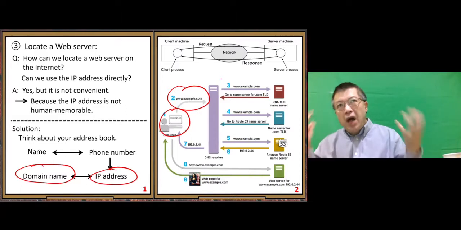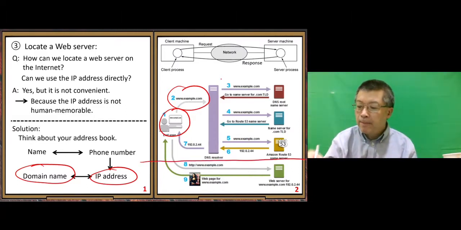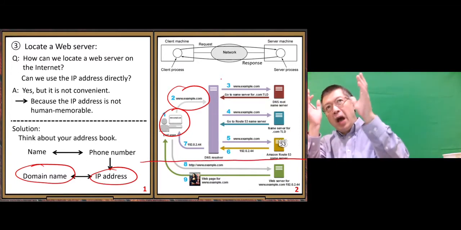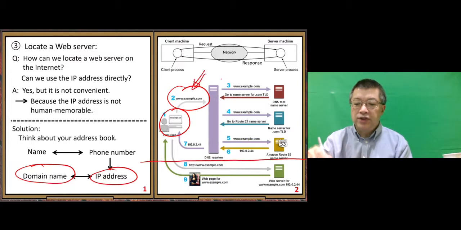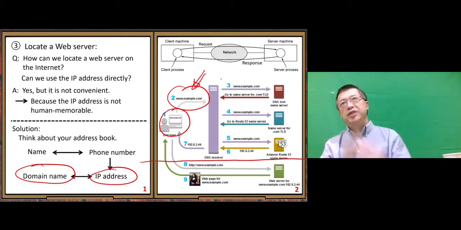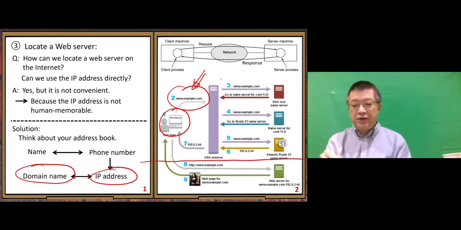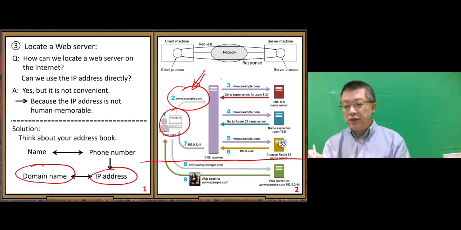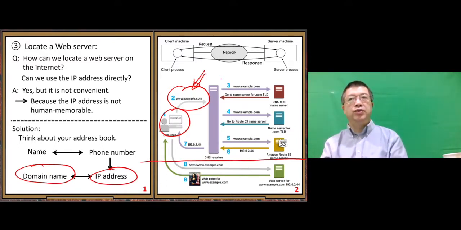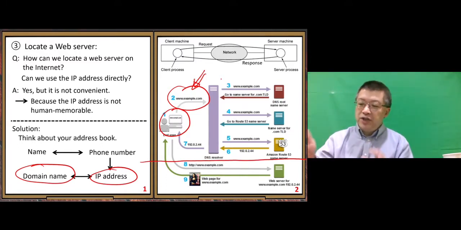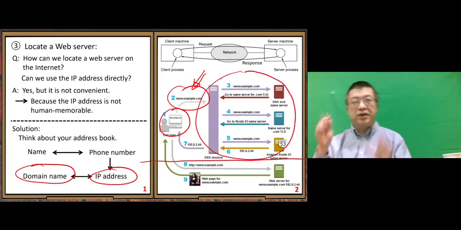The first part gets the IP address that corresponds to this domain name. The second part, because you have the IP address, you can access the specific server you want to reach.